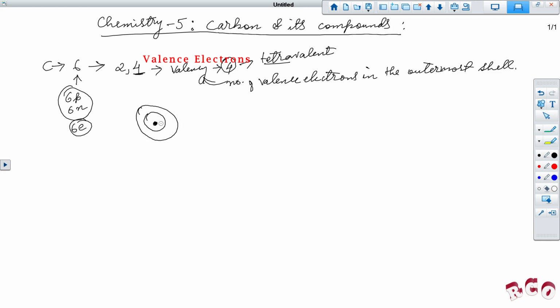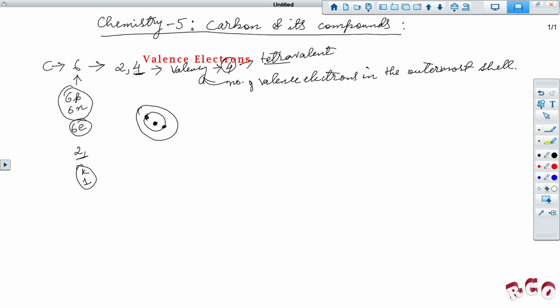In the first orbit, it can have only 2 electrons. These 2 electrons revolve around the nucleus in the K shell, also denoted by 1. So in the K shell, 2 electrons revolve around the nucleus.